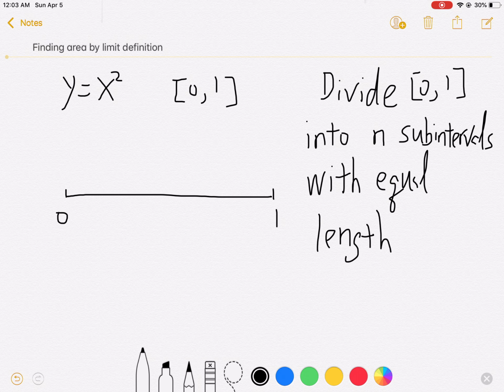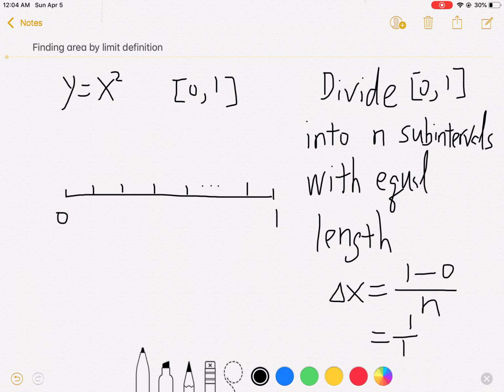So we divide this one from 0 to 1 into n intervals. So the total length is 1. If you divide it evenly into n parts, each part has length 1 minus 0 divided by n, right? So this is 1 over n.